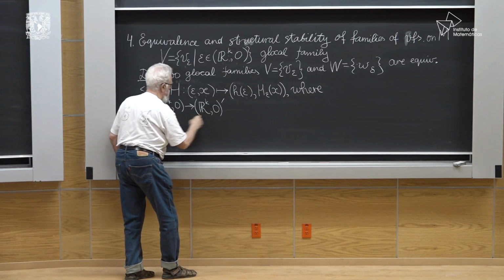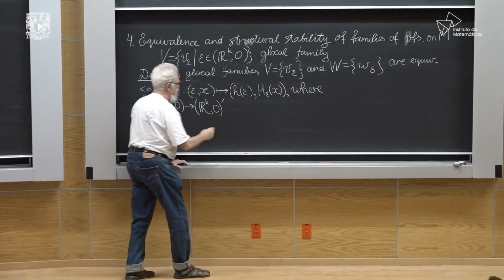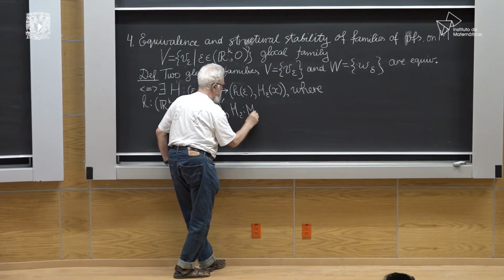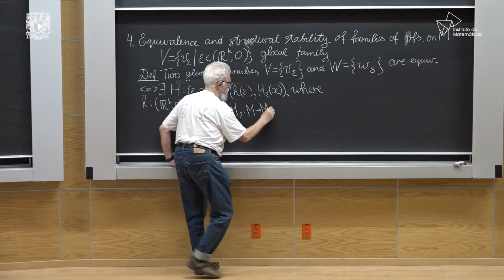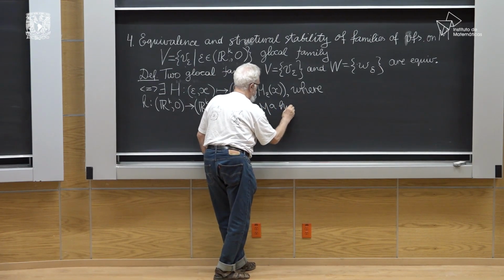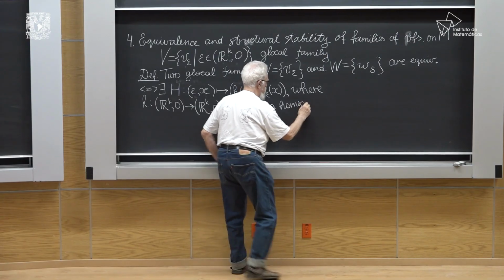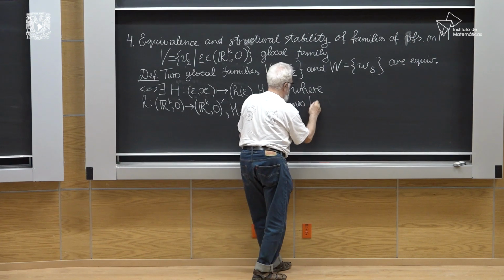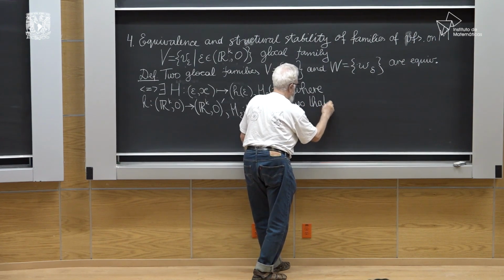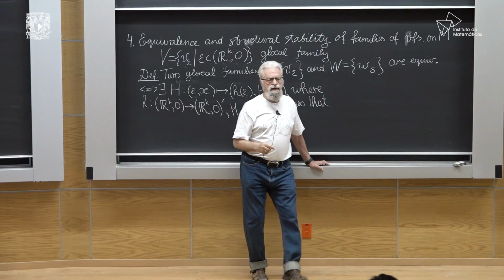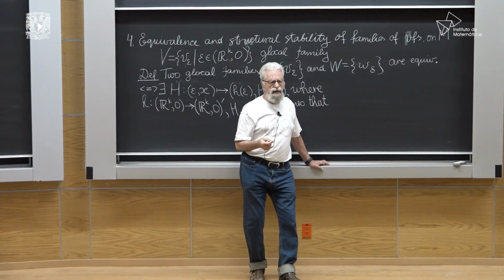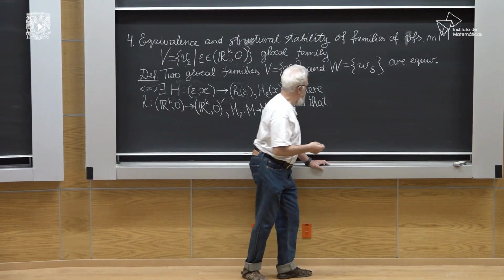This is a different neighborhood of 0 in Rk. And h epsilon is an epsilon-depending homeomorphism of M to M that provides the orbital topological equivalence of the vector fields V epsilon and W h of epsilon.